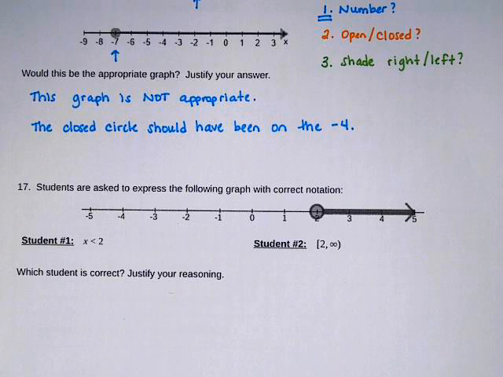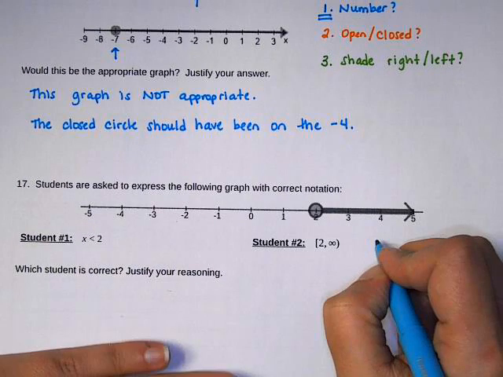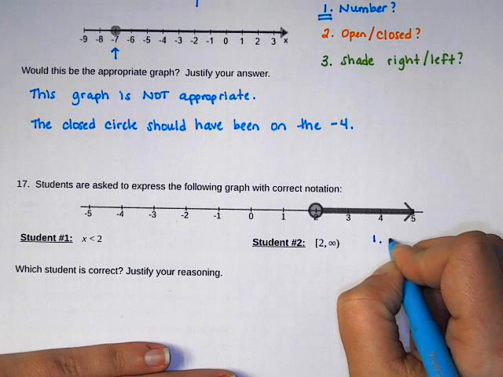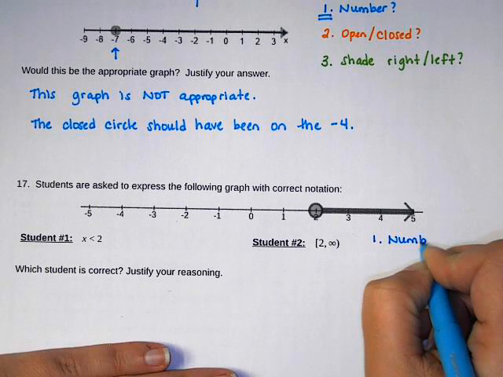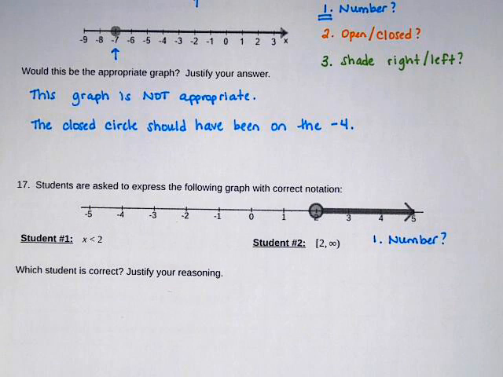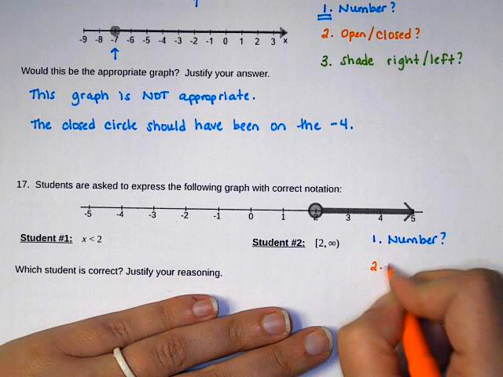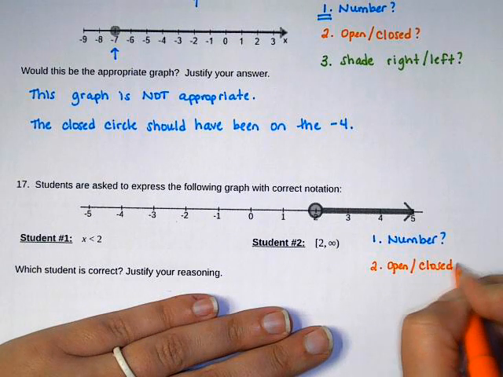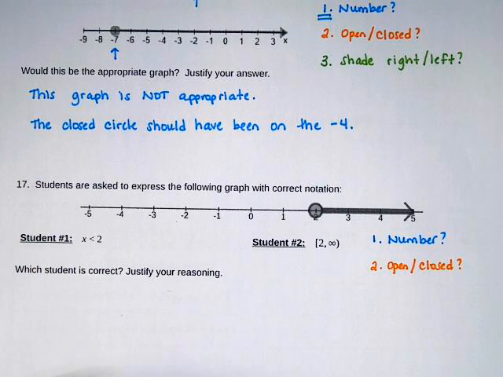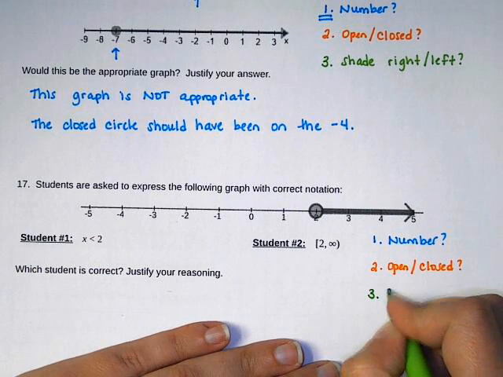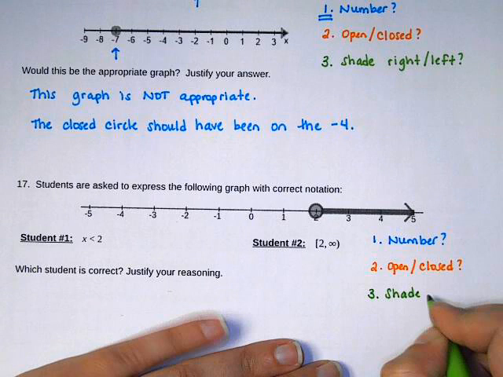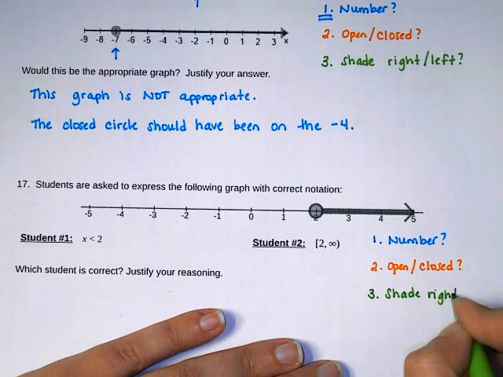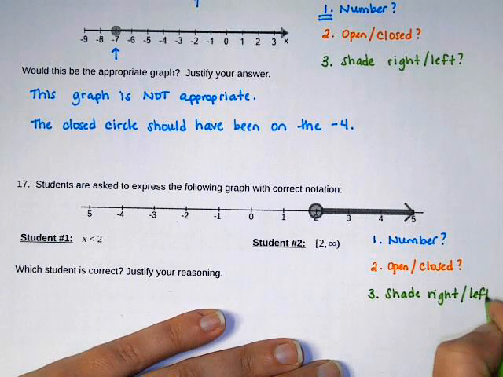Just like before, when I'm writing my notation, I always have to pay attention to 3 important things. What number is used? Is it open or closed? And did they shade, or in this case, where did they shade?